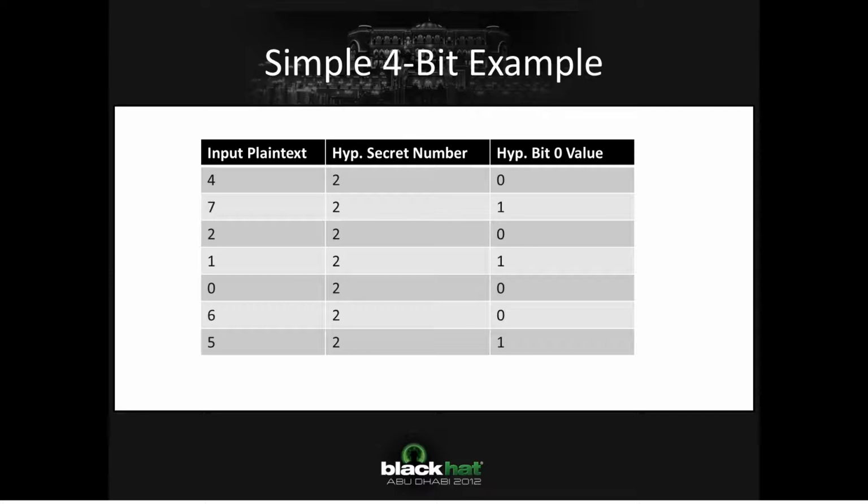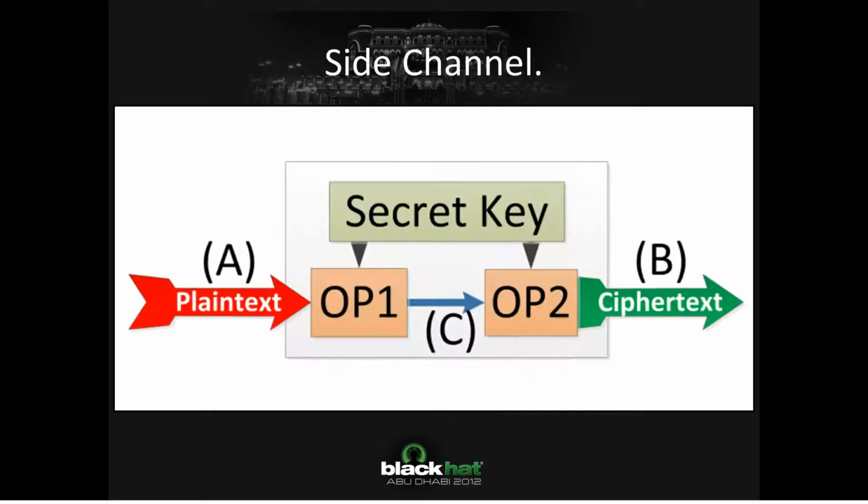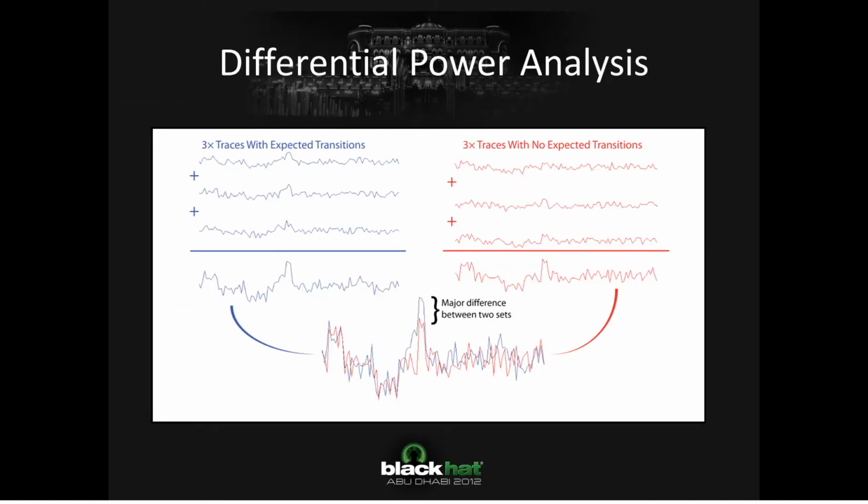And if I'm correct, then I should expect to see this difference between the 2 sets. Whereas the rest of the time, it should average out to the same if there's enough of them. If I'm wrong, I don't expect to see this major difference between the 2 sets.